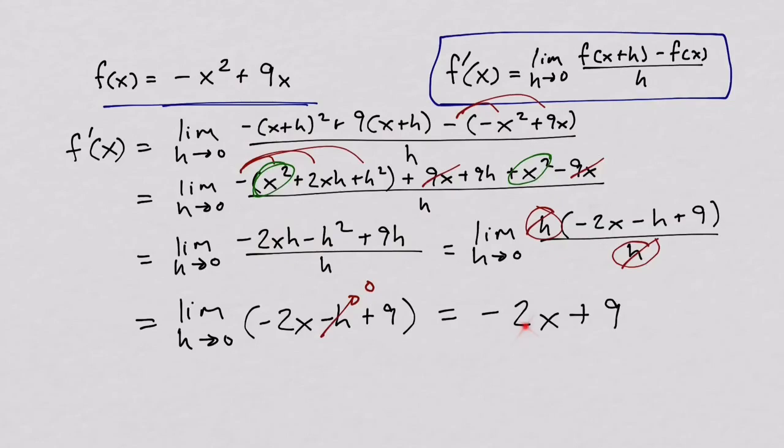So notice in this last step I dropped the limit notation because I've evaluated the limit. So that expression is now an expression for the derivative function. And there we have it. The derivative of negative x squared plus 9x is negative 2x plus 9, using the limit definition of the derivative.